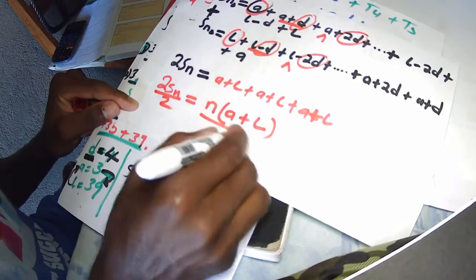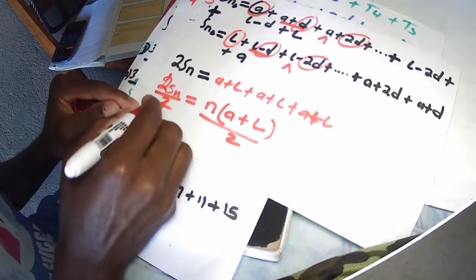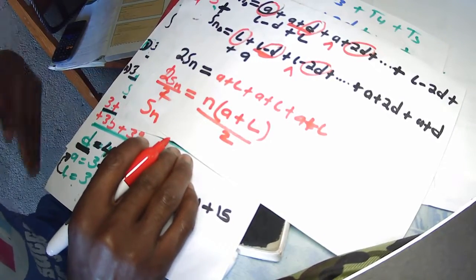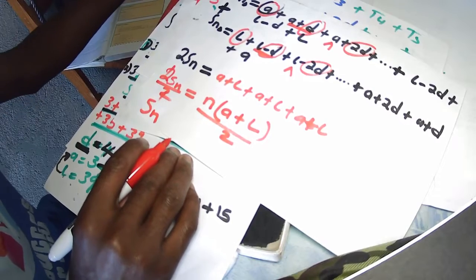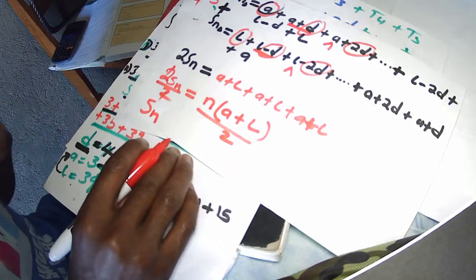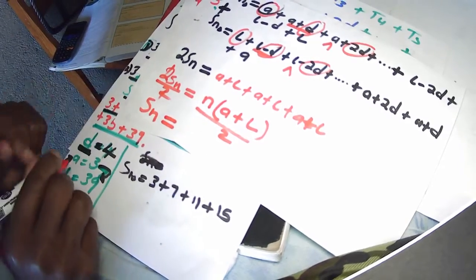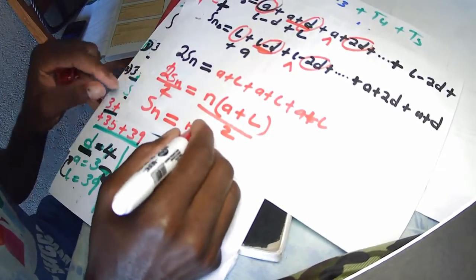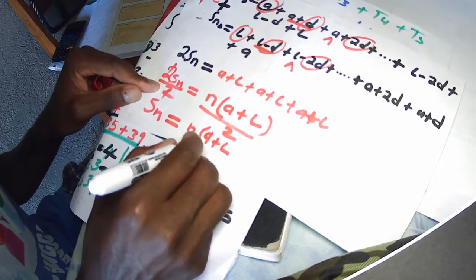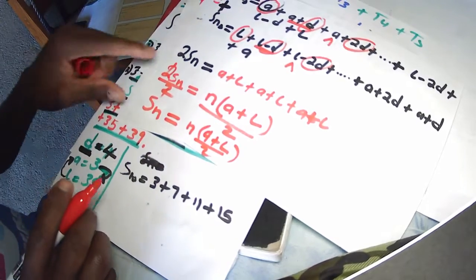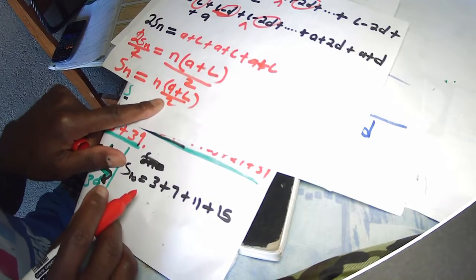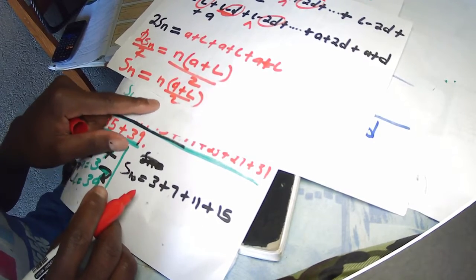Now I'm going to divide here by 2 because we are looking for the sum of the number of terms, not twice the sum of the number of terms, but just the sum. So what do we receive? We receive n times (a plus l) divided by 2. So you can see that this is what we receive.